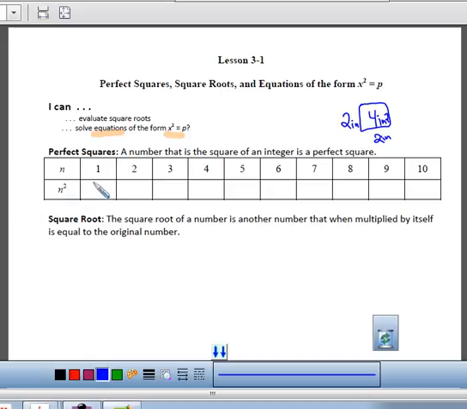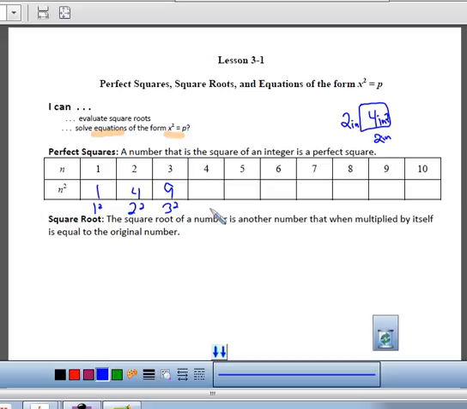Alright, so we're going to finish filling in this table. We'll start with the first one, 1. The top row is n, the bottom row is n squared. So I'm going to do n to the second power, or 1 to the second power, which is 1. 2 to the second power, which is 4. 3 to the second power, which is 9.